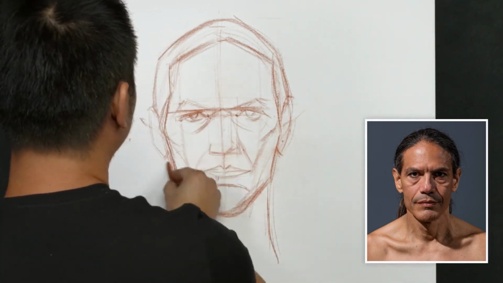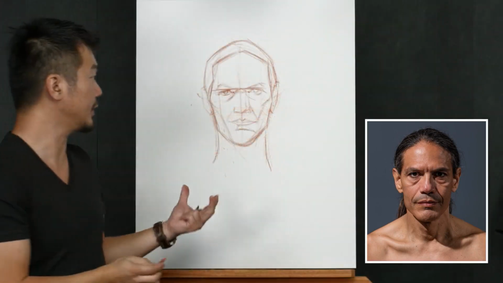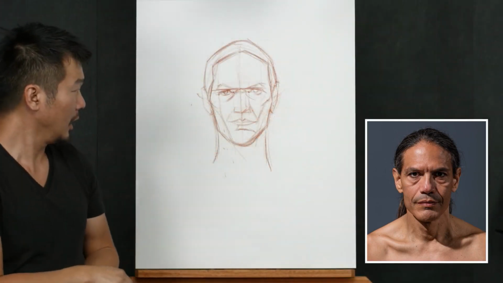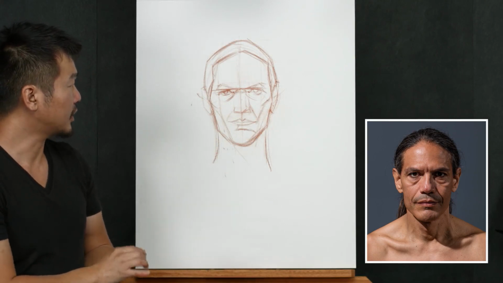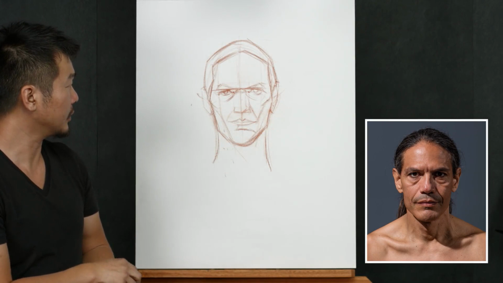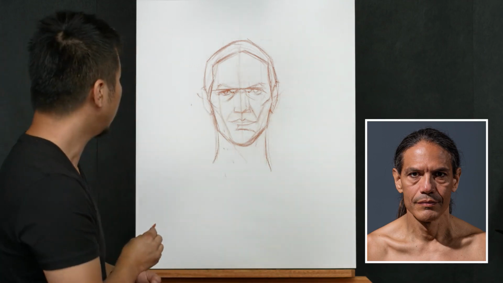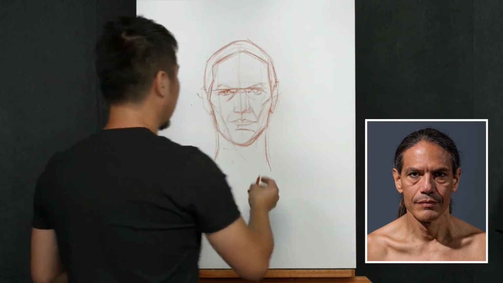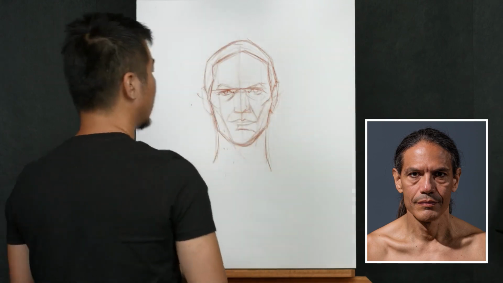Okay, I don't want to take this to a full rendering, but as you can see, this is going to be my construction drawing. I'm going to put some tones in there so it doesn't look like just a line drawing, but I'm not going to take it to the full rendering. So you can just get a feel of the value on him.